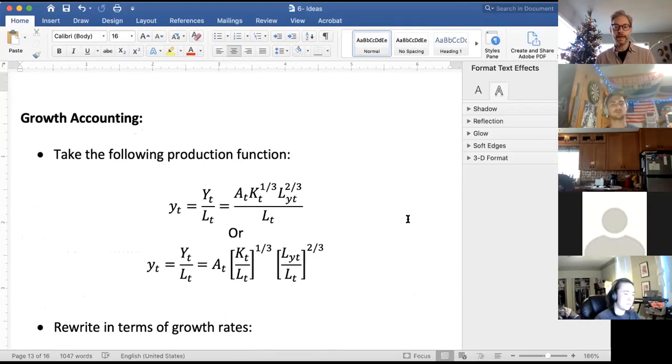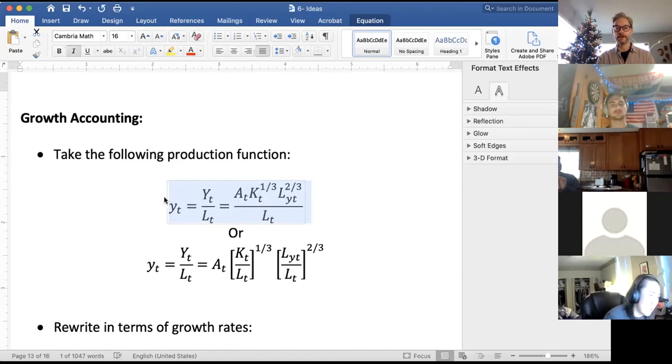Let's begin with a Cobb-Douglas production function, the same Cobb-Douglas production function that we've used throughout this block. So you notice here that the numerator is just our usual Cobb-Douglas production function, and we're going to express it in per capita terms. So I'm going to divide by population.